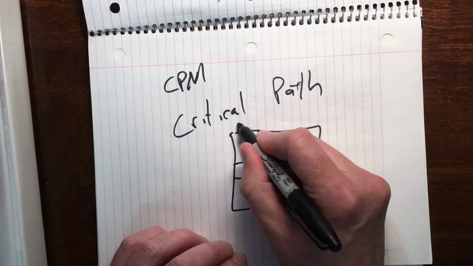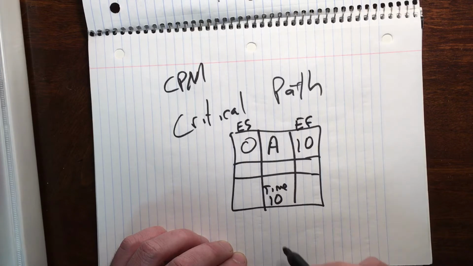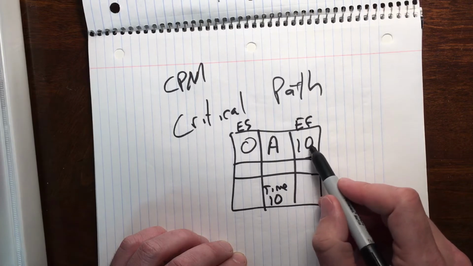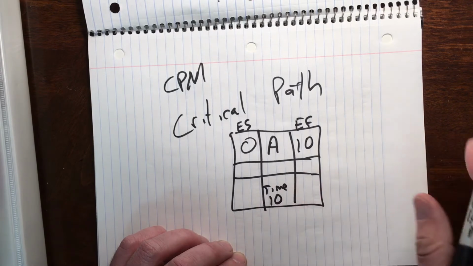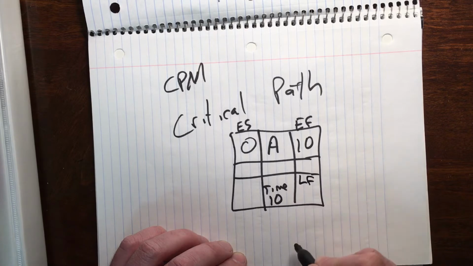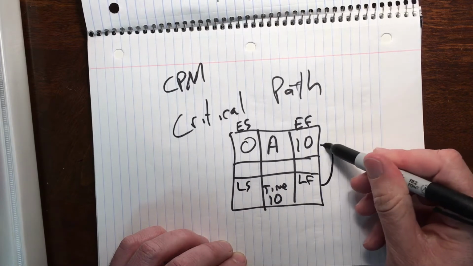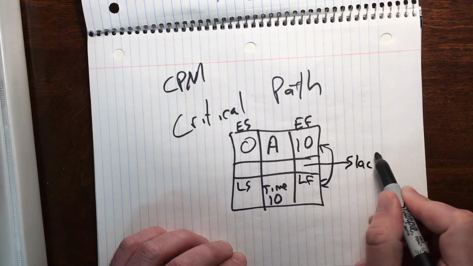So this is our earliest start, our earliest finish. That earliest finish would then be the earliest start of the next succeeding activity. When we work our way backwards, we're going to have down here our latest finish and our latest start. If these numbers don't match up, then that means we have slack time.